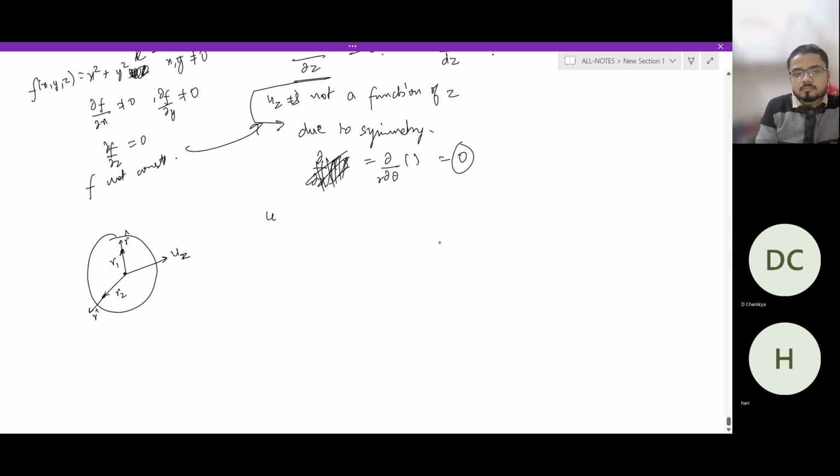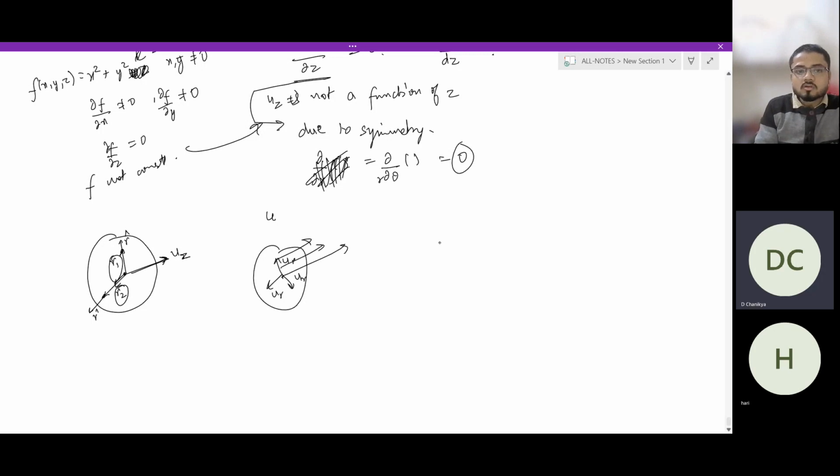Since both of these vectors are already different, they have no problem with what the value of uz right here is, because due to symmetry you could have said that ur would be 0, right? But uz is in this direction. So it does not matter at which r, what is the value of uz, because the vector is not in their direction, right?